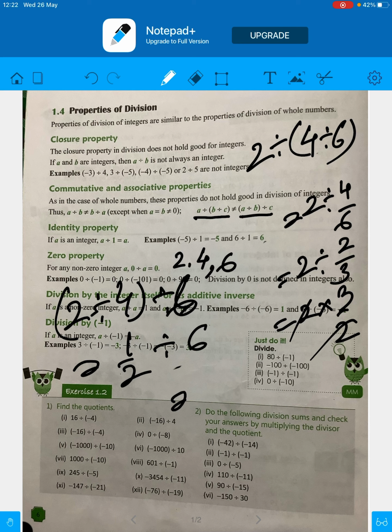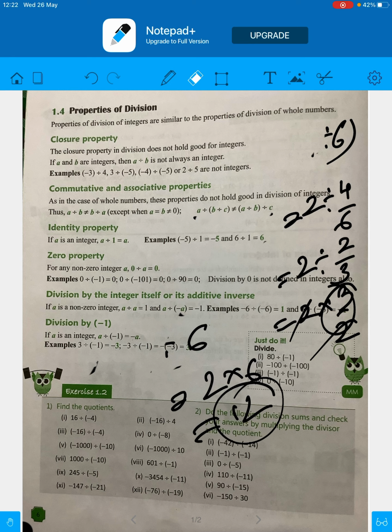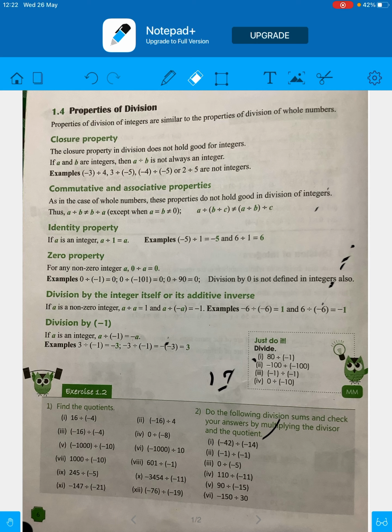Half divided by 6 is equal to 1 by 12. So students, we have seen the answer is different. In this case we have got 1 by 12, in this case we have got the answer 3. Right? So like this, both commutative and associative law don't hold good in the case of division.